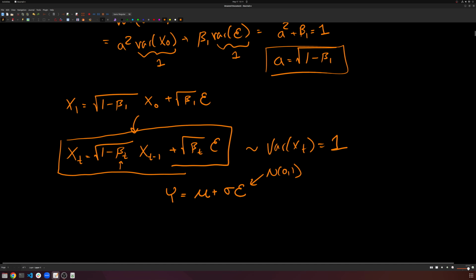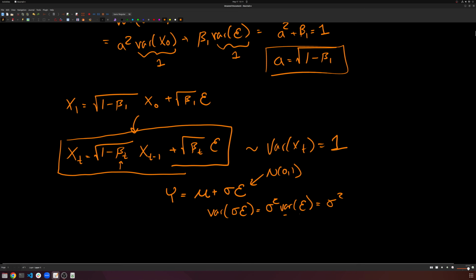Well, if we take normal 0, 1 and multiply by sigma, let's do it one piece at a time: the variance of sigma epsilon is sigma squared times the variance of epsilon. And that's just sigma squared, because the variance of epsilon was just 1, as we indicated. So the variance of this is sigma squared, so that's fine.